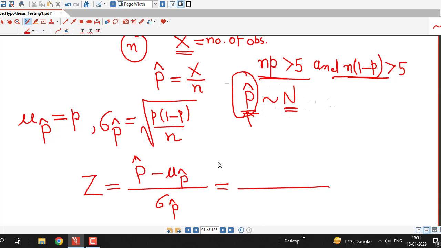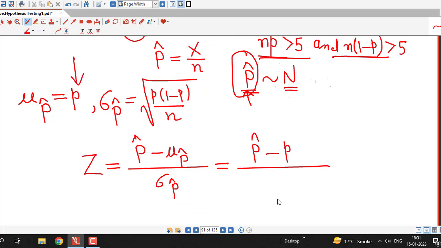So we have p hat minus small p, which is the mean of the sample proportion, divided by the standard deviation, the square root of p times 1 minus p divided by n. So this is approximately a standard normal random variable.